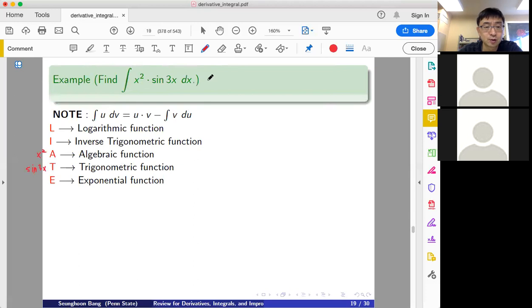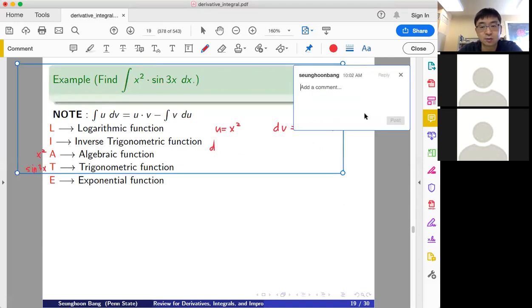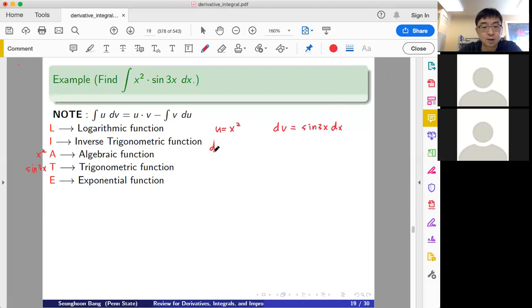You can use this. u equals the top one, x squared. dv is the remaining part, sine 3x dx. So find du. du is 2x dx.